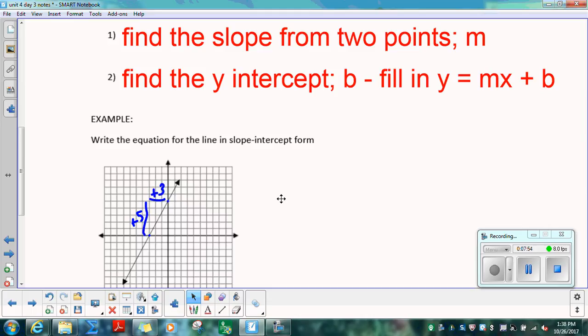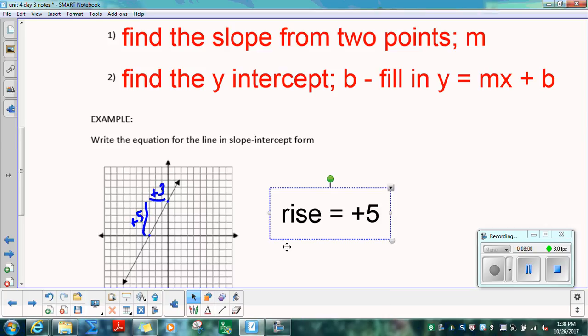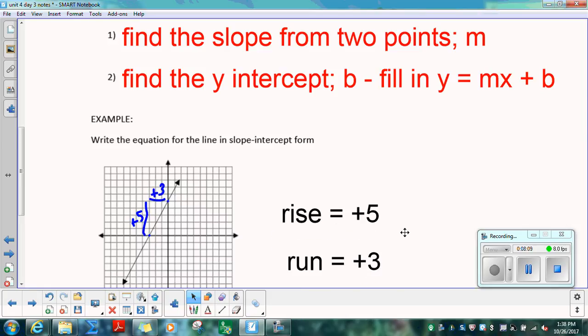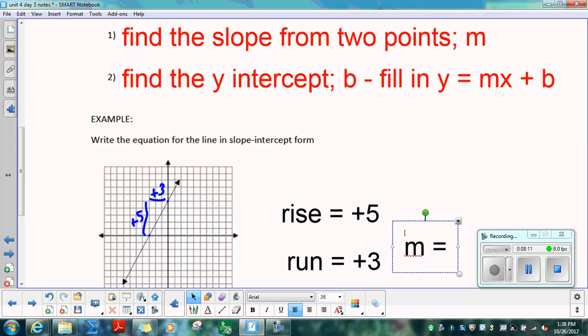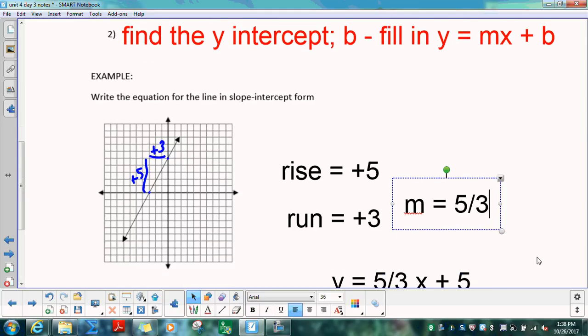So my rise is positive 5. My run is positive 3. So that means m equals, and I can't do it with the fraction bar for some reason, so I'm just going to use a slash for it, but it's 5 over 3. That's my slope.